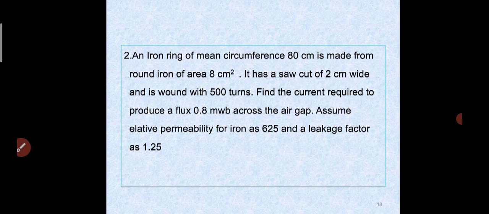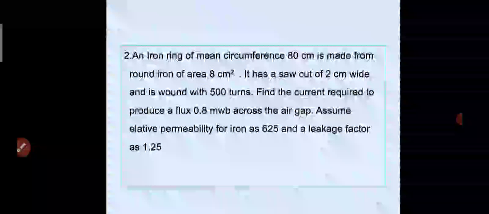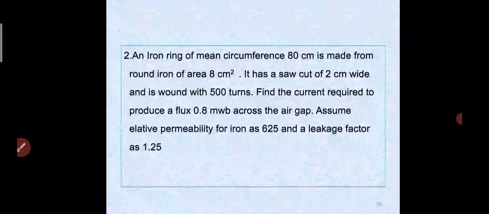An iron ring of mean circumference 80 centimeters is made from round iron of area 8 centimeters square. It has a saw cut of 2 centimeters wide and is wound with 500 turns.